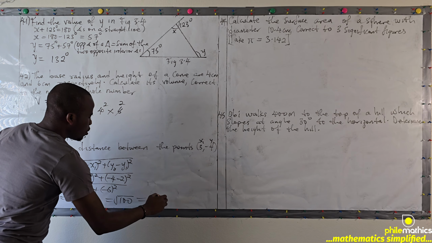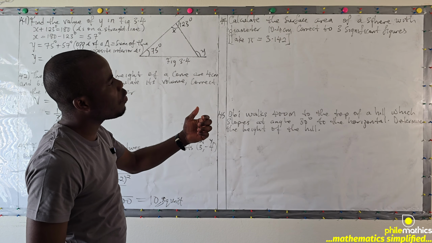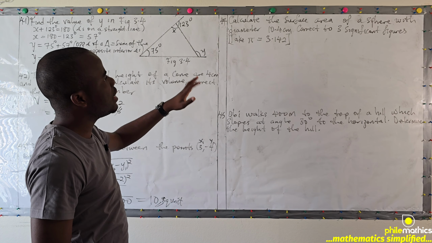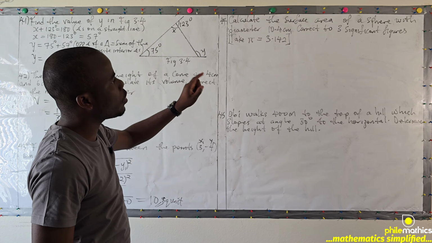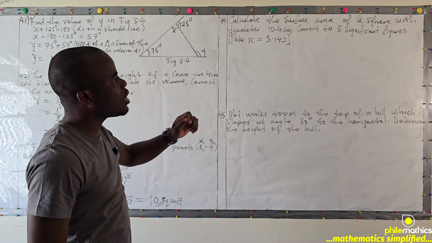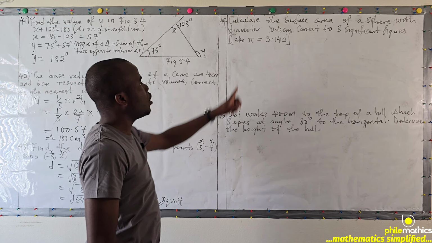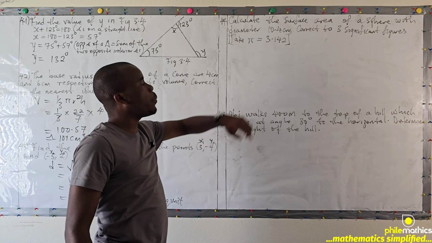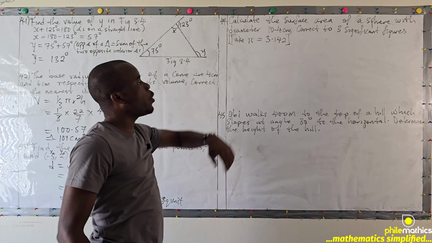44 says calculate the surface area of a sphere with diameter 10.4 cm correct to 3 significant figures. Take pi to be 3.142. So recall that the total surface area of a sphere is simply 4 pi r square.